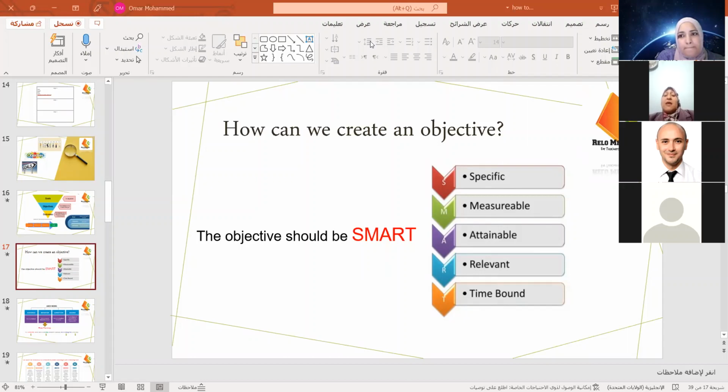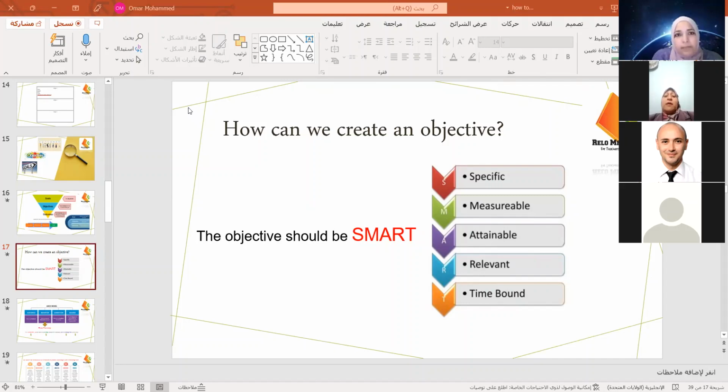We can't say that the students know, or do something that I cannot measure. The objective should be something I can measure. For example, they can identify, classify, describe.